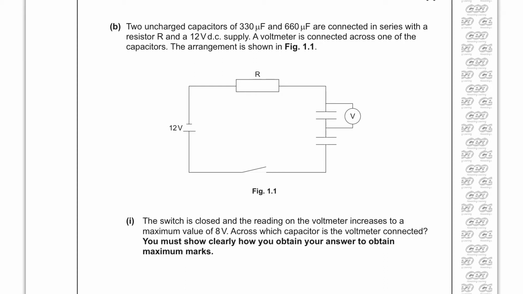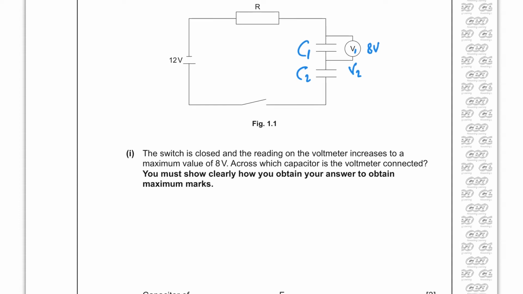So we're told that this voltmeter ends up at 8 volts. When two capacitors are in series like this, the charge stored is the same. So if we label one C1 and the other one C2, this 8 volts will be V1 and the other one will be V2. We know from Kirchhoff's laws that the PD going into the circuit has to equal the sum of the PDs round the circuit.